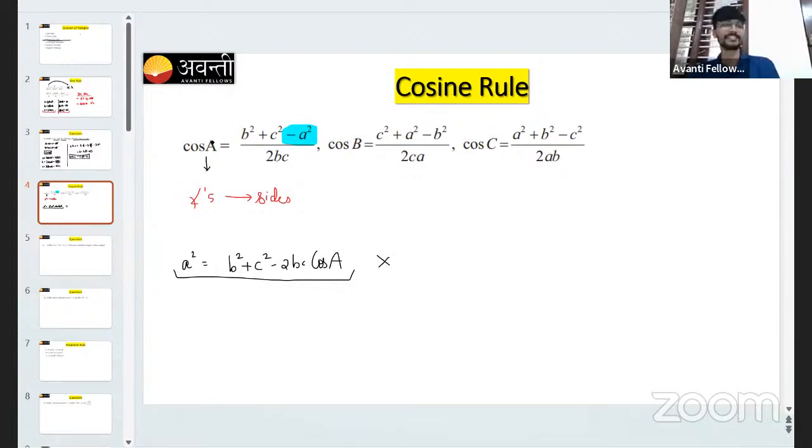Most of the time we'll use the first form. Now let's see what we can write b square as from the second equation. I can write b square as c square plus a square minus 2ca cos B. And similarly, I can write c square is equal to a square plus b square minus 2ab cos C.